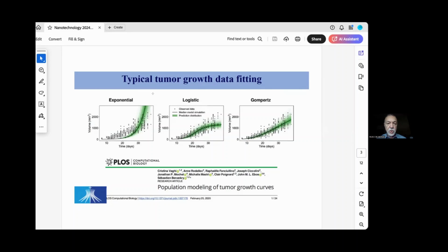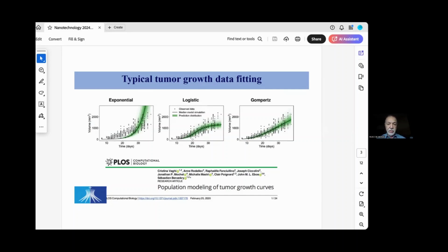All of them describe the tumor volume as a function of time, the growth of the tumor. Typically, at the very beginning of the tumor growth, the three models have the same trend.